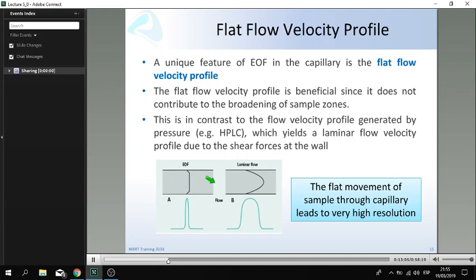We have this flat flow of sample through the capillary. That means the sample will go through our detector in a really flat flow as well, so we're going to get much sharper peaks at the end. This leads to really high resolution. Capillary electrophoresis can be really efficient at separating different samples.